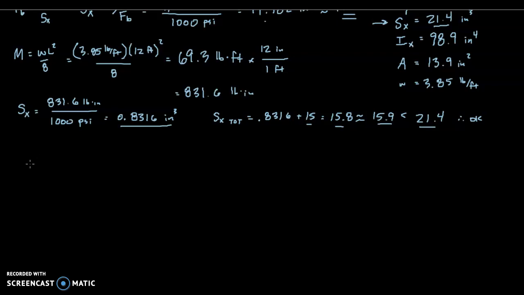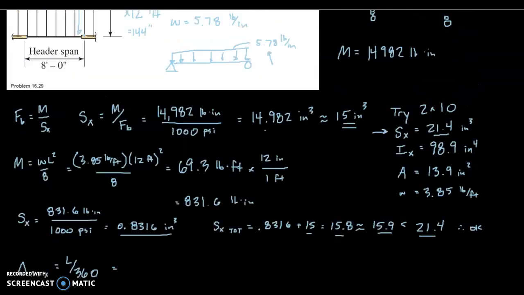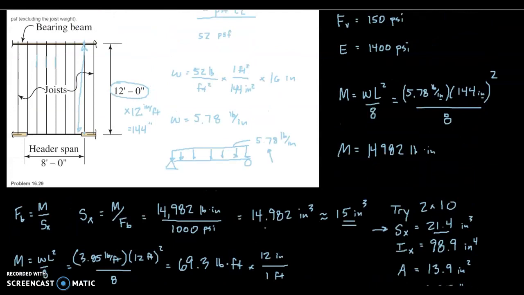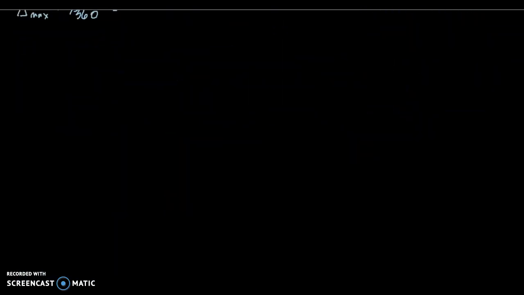So let's just say that our deflection limit was given as L over 360, the span length divided by 360. Then that would correspond to, if we scroll back up here to the problem statement, we had a span of 12 feet, or converted to inches is 144 inches.